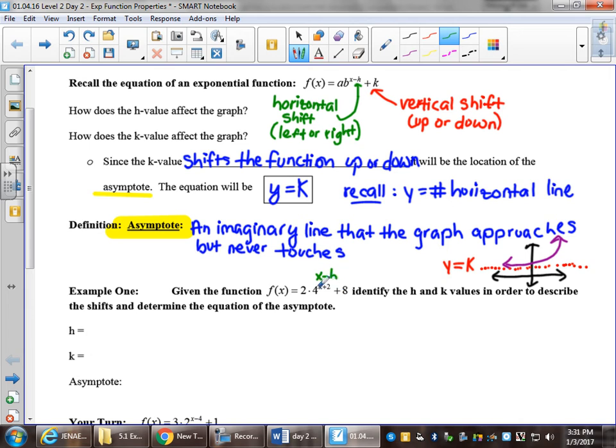I see x minus h, but then look, I see x plus 2. How is that possible? Well, to get a positive 2 means that a negative 2 was plugged in right there. Because originally it's x minus h, and I see a plus 2.